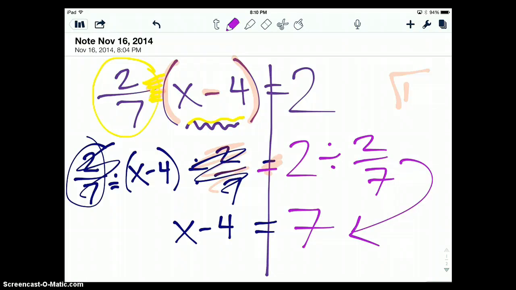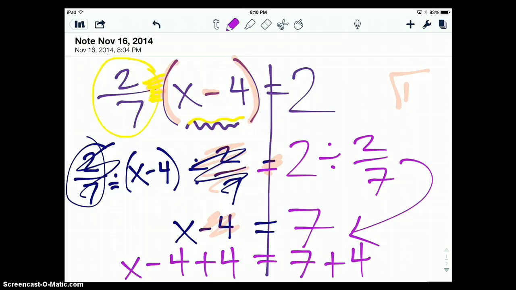And now we're one step away from finding what x is. So we need the minus 4 to go away and vanish. So how do we do that? Well, the x minus 4, when you do the inverse of subtraction by 4, which is addition by 4. So what are we going to do to that 7? Same thing, addition by 4.